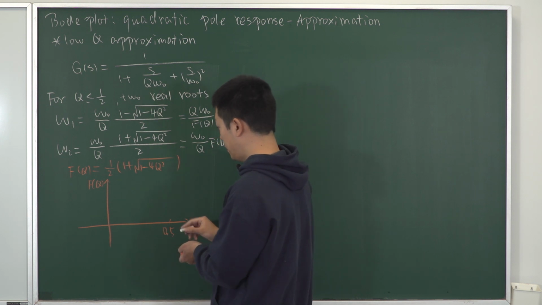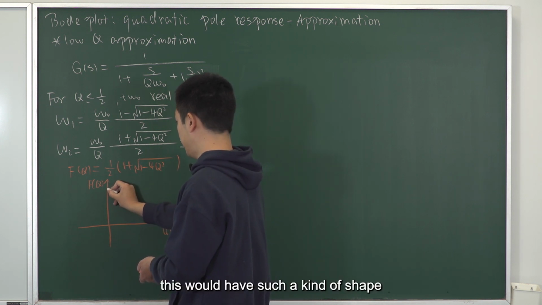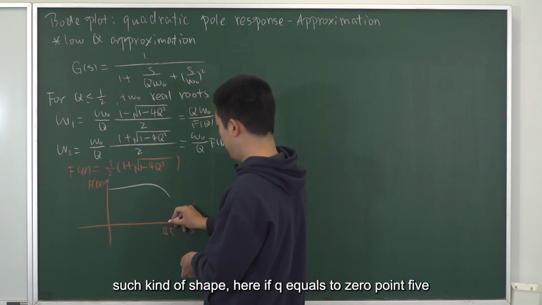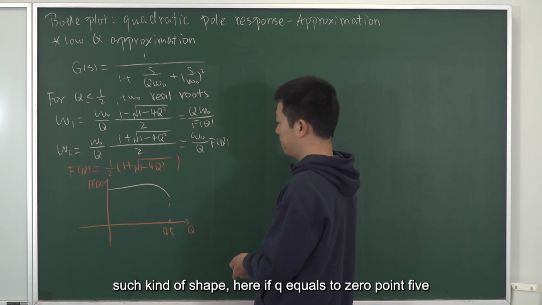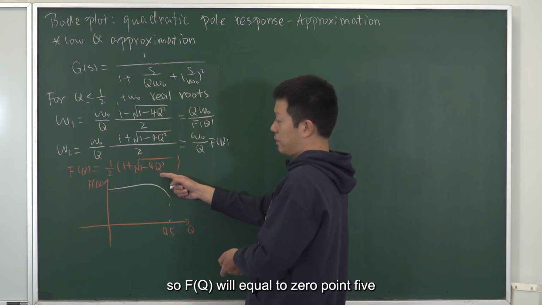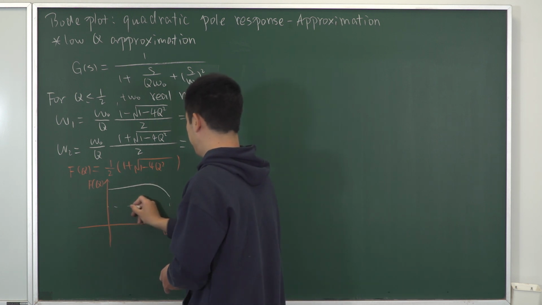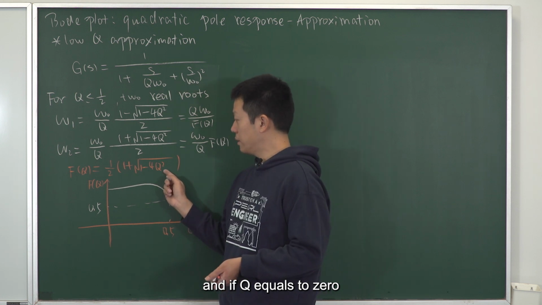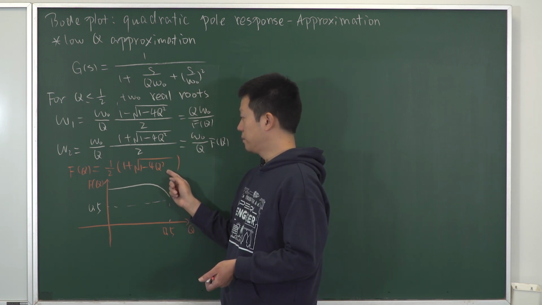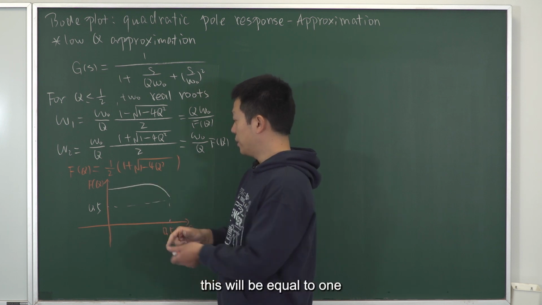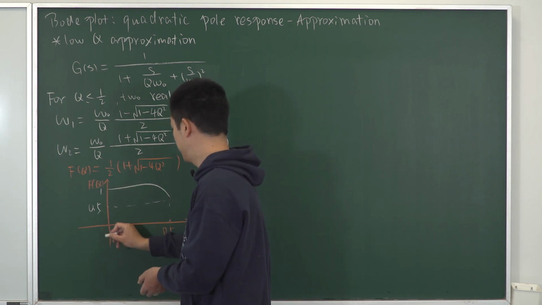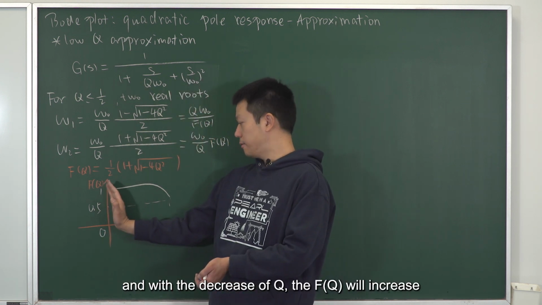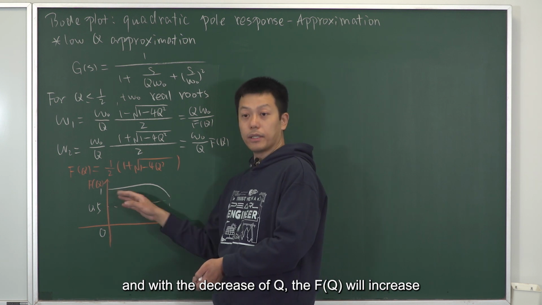You will see it has this kind of shape. If Q equals 0.5, F(Q) will be equal to 0.5, and if Q equals 0, it will be equal to 1. With the decrease of Q, F(Q) will increase.